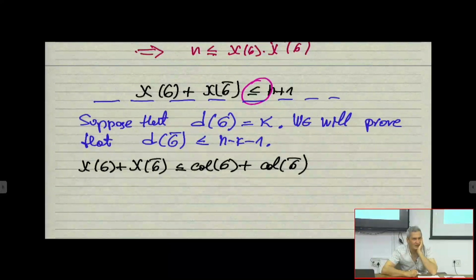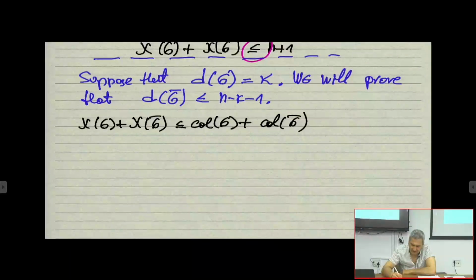Okay? This is because chromatic number is always at most the coloring number. If we go with greedy coloring, and this one is, I think we define, degeneracy plus 1.